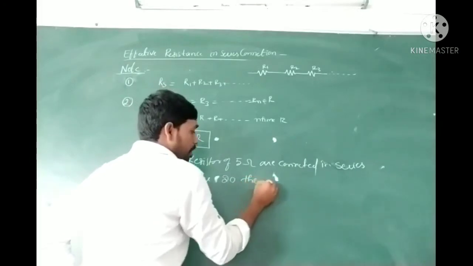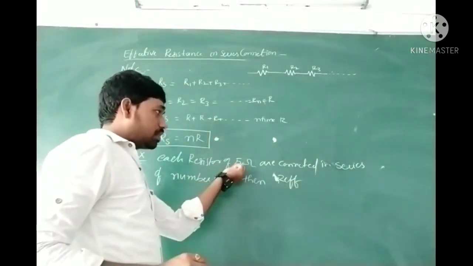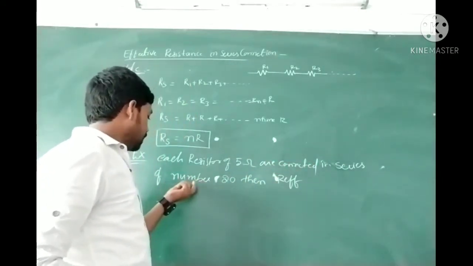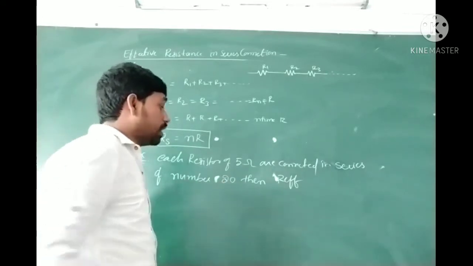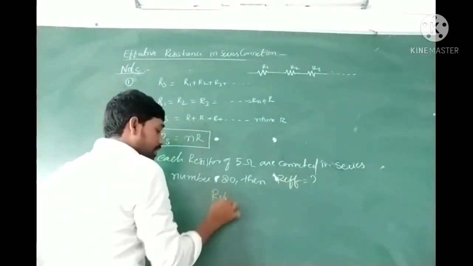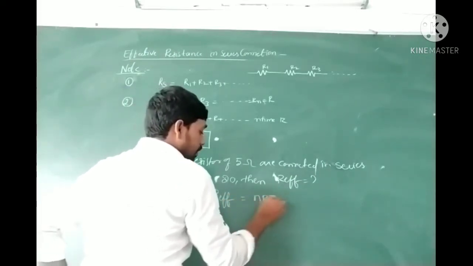Then R effective is, see, each resistance of 5 ohms is connected in series, and they are numbering 20. So R effective is equal to N into R. We can write this formula.